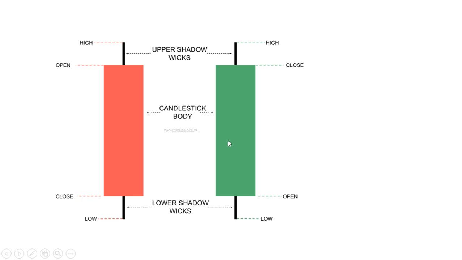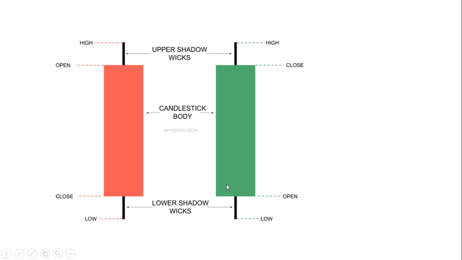Same thing with this other candlestick. It opened below, went down to create this weak low, and then went up again to create this weak high, and then came back and closed.